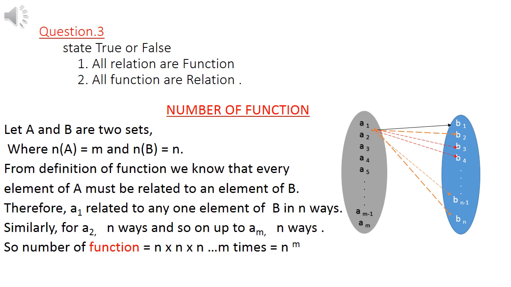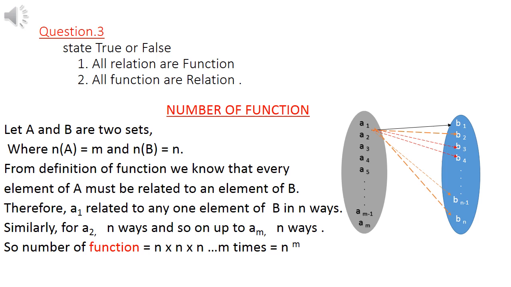Next, we have to find out the number of functions. Suppose A and B are two sets. The number of elements in A is m. The number of elements in B is n. We have to find the number of functions from A to B. From the definition of function, what do we know?